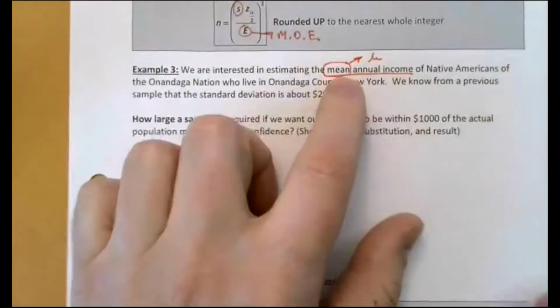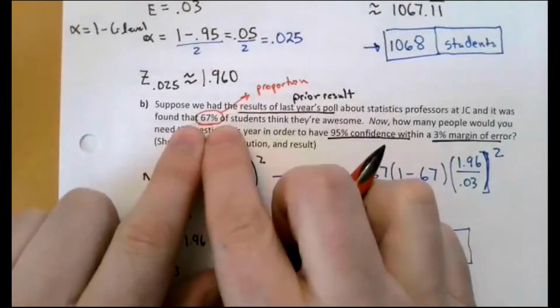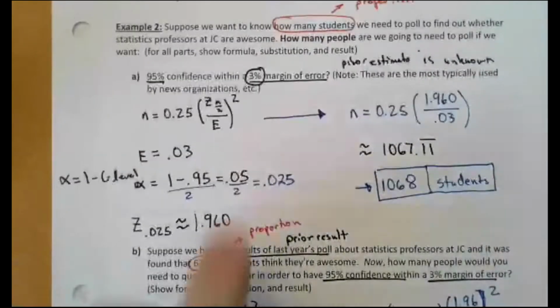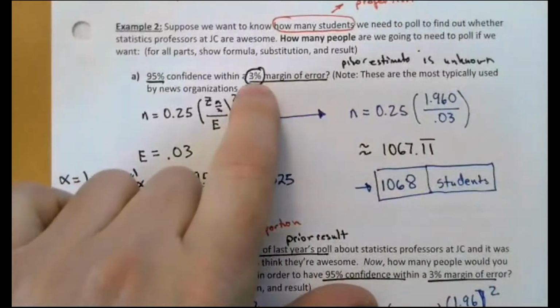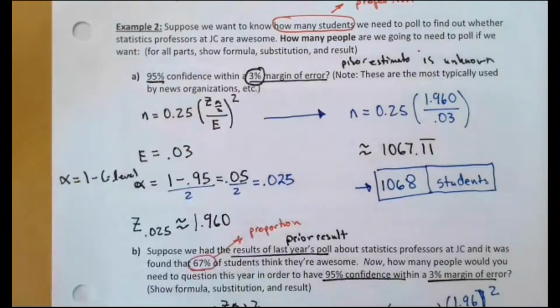Can you say that part again? Anytime you see a percent, I'm glad you asked. Percent is always a proportion. Yes. Although we should be a little careful here, the margin of error was also a percent, but that's because we're working with a proportion, so we're still good.